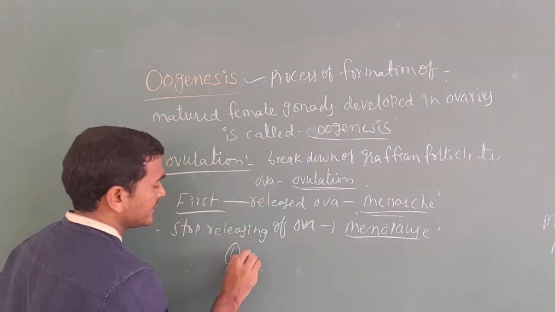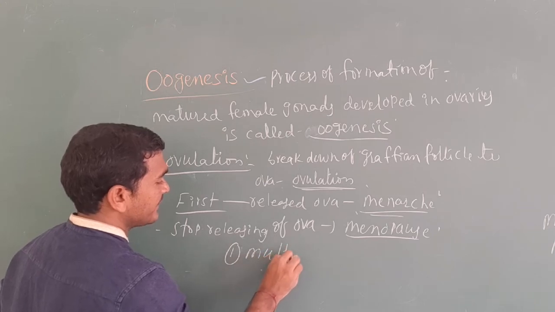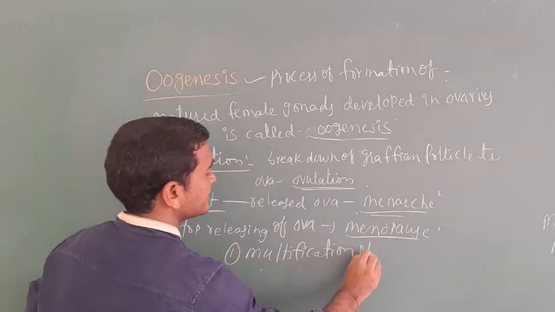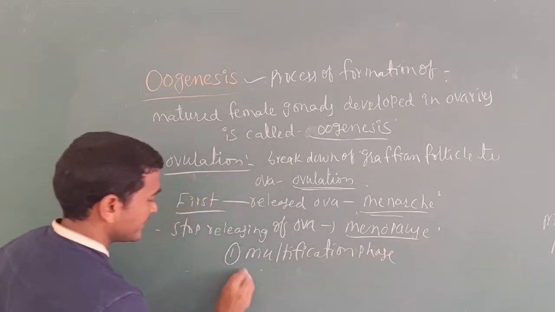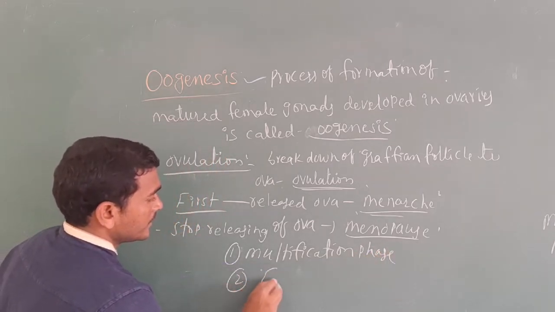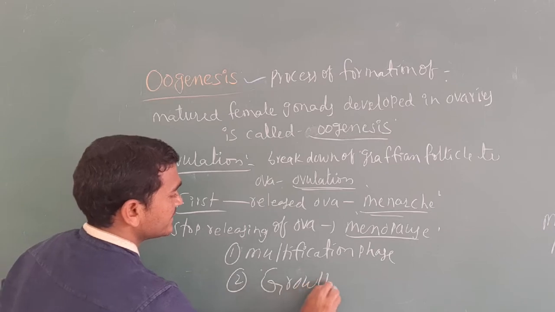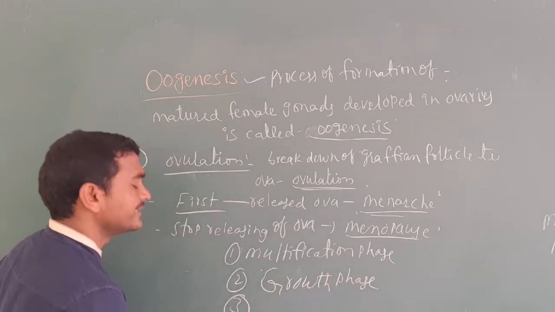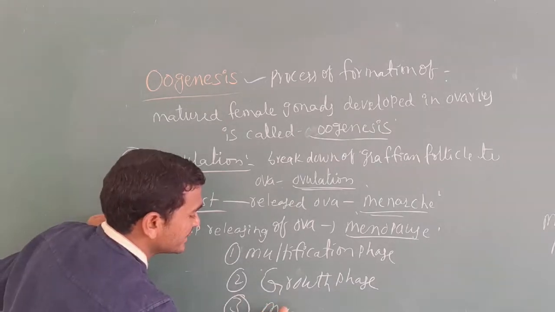In the oogenesis process, there are 3 steps. The first one is the multiplication phase. The second one is the growth phase. The third one is the maturation phase.